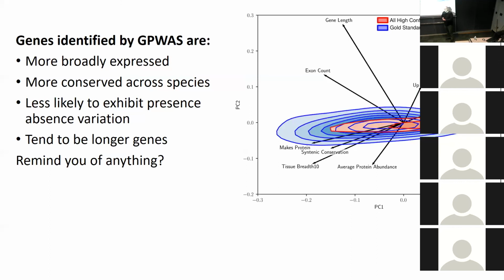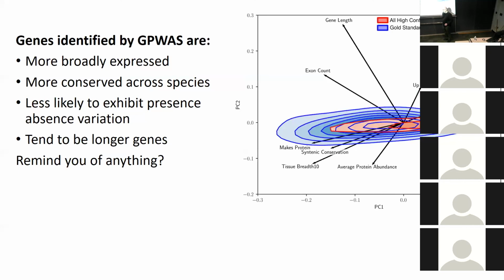We certainly see, and that's one of the things I like about being able to visualize the data this way, that a lot of these do seem to show up similarly when we project them into the PCA space. I think there are some genes, though, that have very high expression but are not evolutionarily conserved.